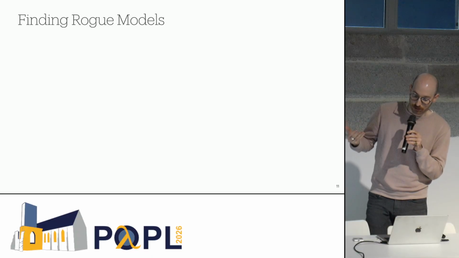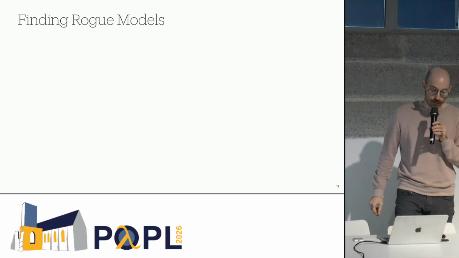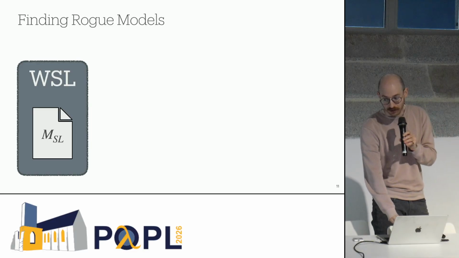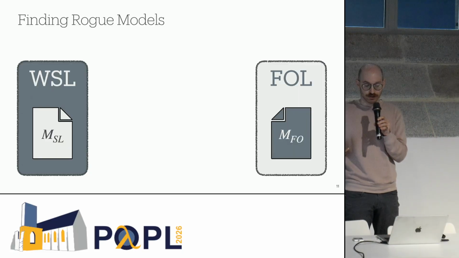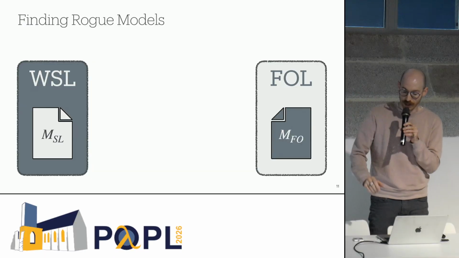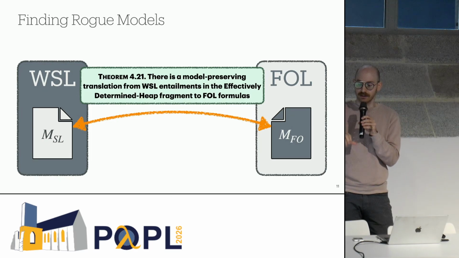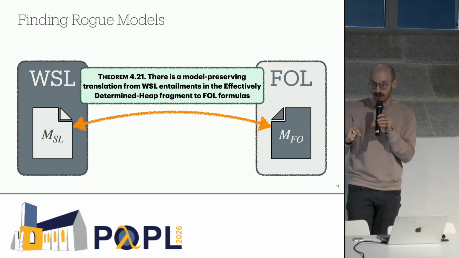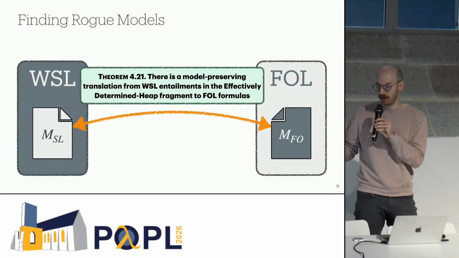So the first step we took towards finding these models is moving the problem over to first order logic. First order logic is where I feel at home, so I wanted to move the problem there. And we have this model preserving translation between entailments in weak separation logic and sets of formulas in first order logic.